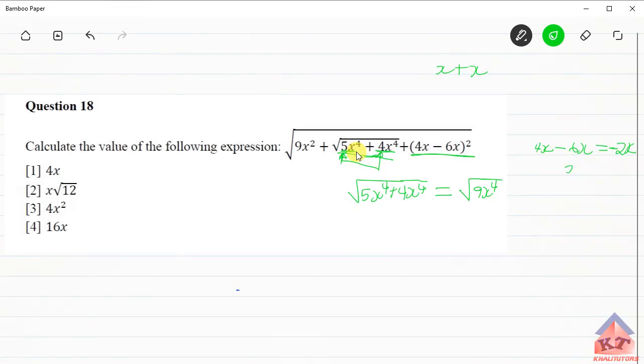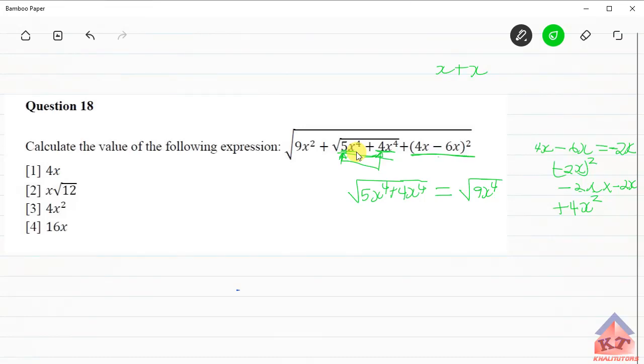So negative 2x to the power 2 simply gives us minus 2x times minus 2x. Minus multiplied by minus will be positive. Then 2 multiplied by 2 will be 4. X multiplied by x will be x squared. So this one will be replaced by 4x squared.